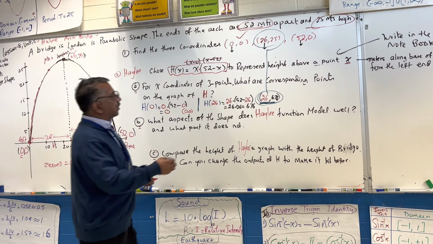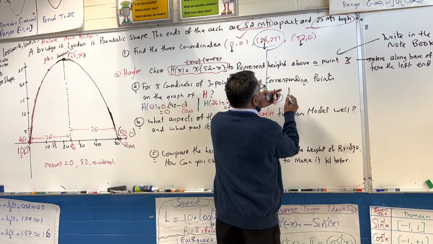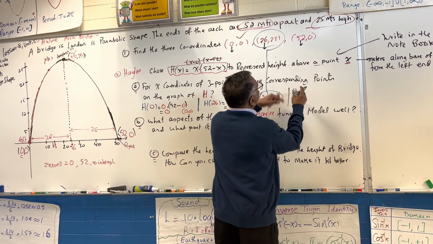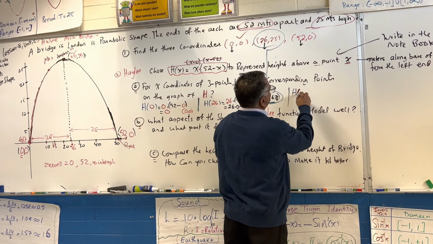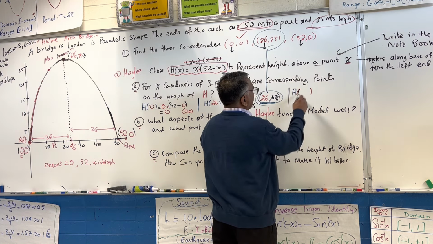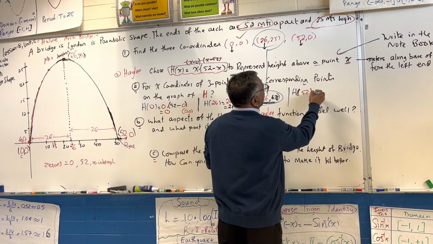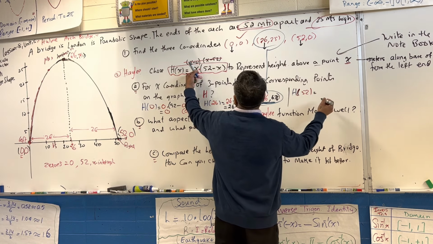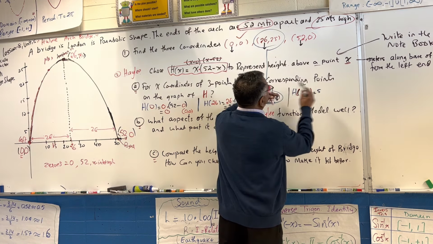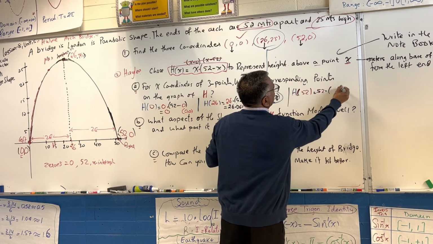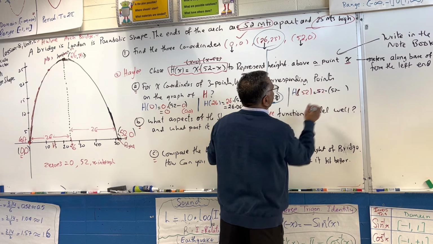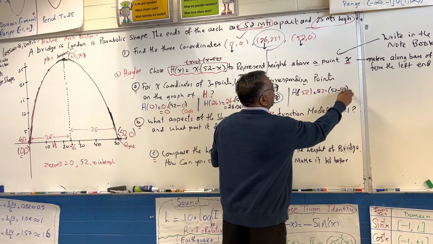And the last one, let's put the last part, h of 52. Let's put 52 equals 52 times 52 minus 52. And what is 52 minus 52?